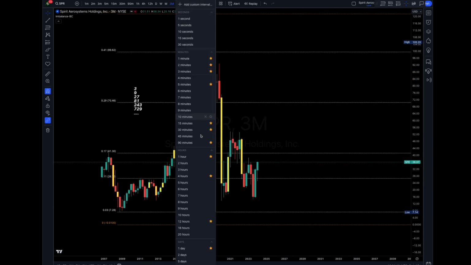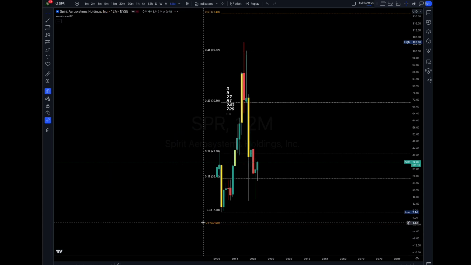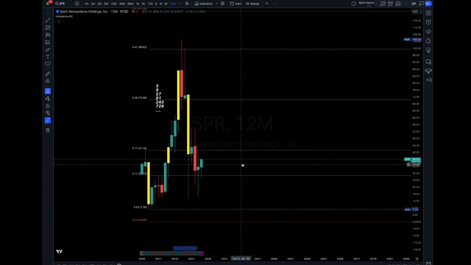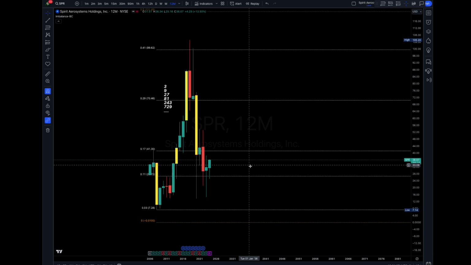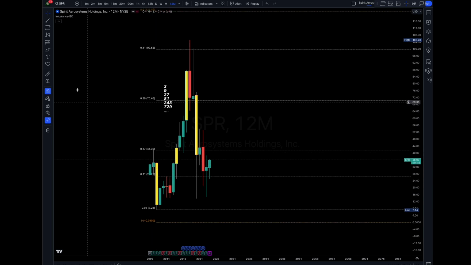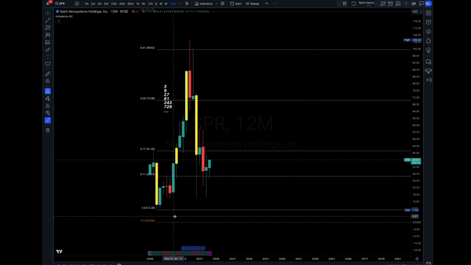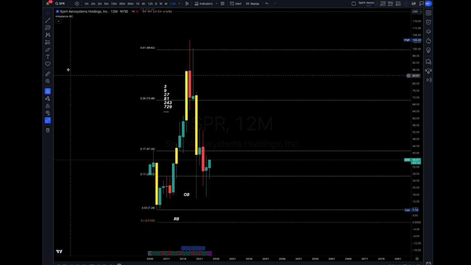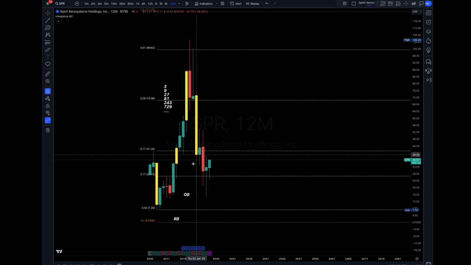Let's go up time frames. And then we have, again, rejection block, order block, fair value gap.